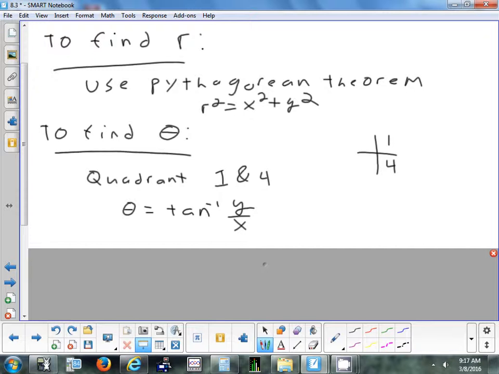We talked about way back when we started inverse trig, we said that inverse tangent is always between two numbers, negative this number and positive this number. Does anybody remember what inverse tangent is always between?